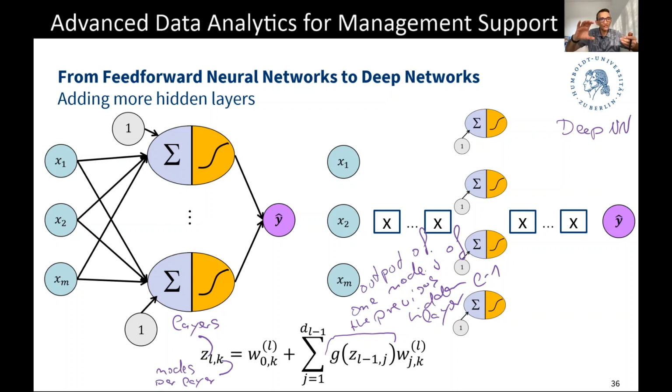These latent features that we compute in the first hidden layer actually represent the input for the next layer. It's really a chain of neural networks, just that our input features have been transformed into some latent features after the first hidden layer. And if we continue, with each layer, our input features get transformed more and more.